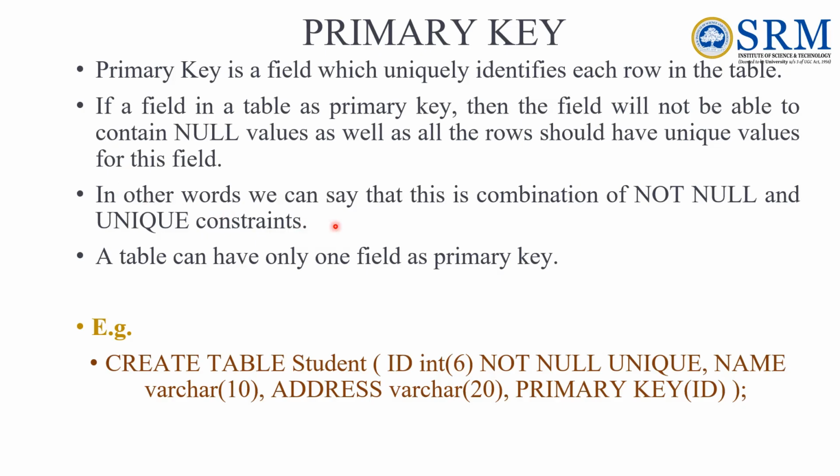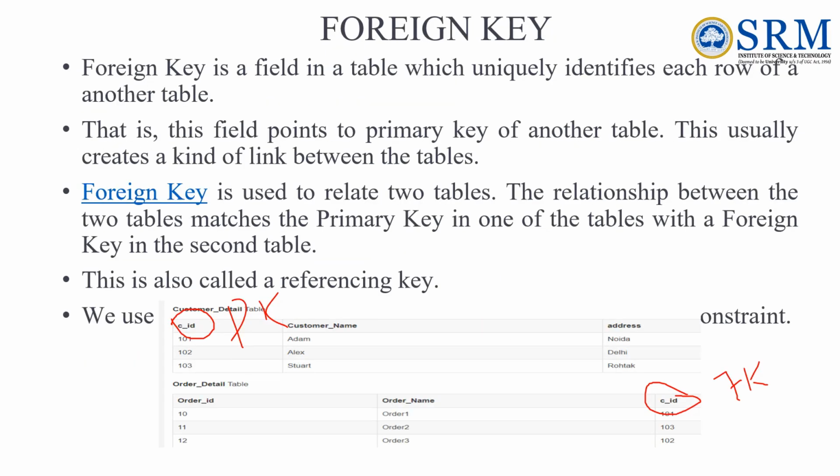In other words, this is a combination of NOT NULL plus UNIQUE constraint. A table can have only one primary key. Here they have created it for ID, with int primary key given at the last. This is one way of defining it, or you can define id int primary key. This is also a correct way of defining your primary key.